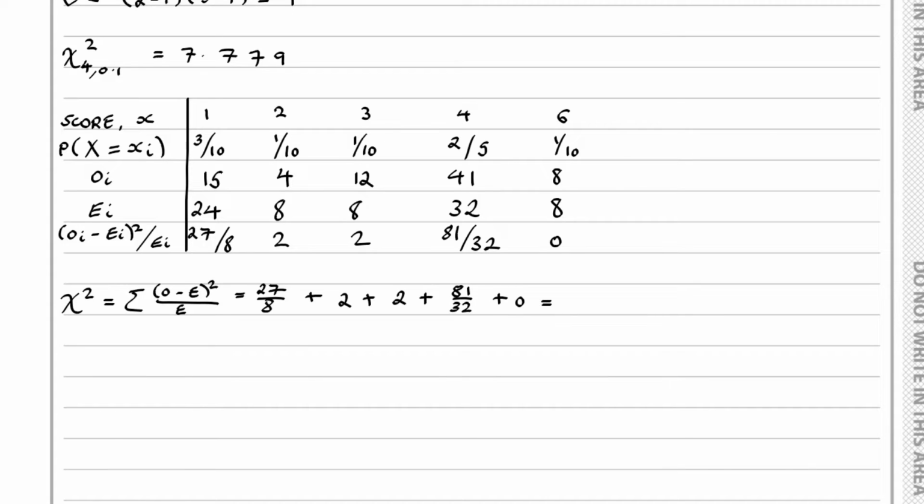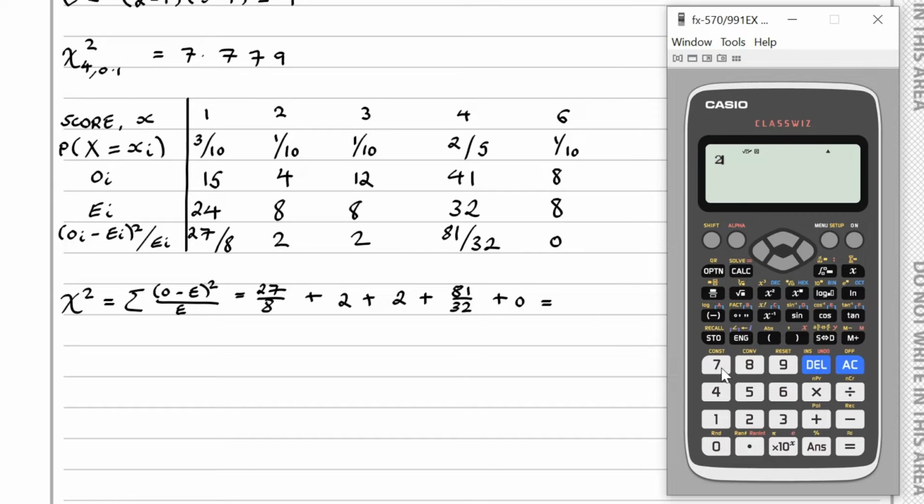I'm working this out. So 27 divided by 8 plus 4 plus 81 over 32, we end up with a value of 9.90625.